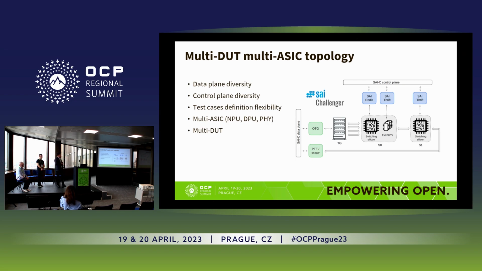You can have not just one DUT, you can have multiple devices in one topology and multiple ASICs combined together inside one device. And you can use different interfaces to push SAI configuration, Thrift or Redis, or implement your own. And you can use different types of traffic generator approaches to send and receive packets in your network. That's the way it can be applied.